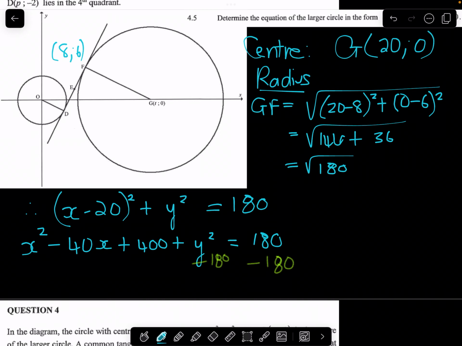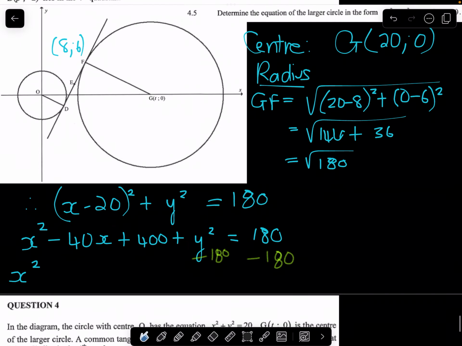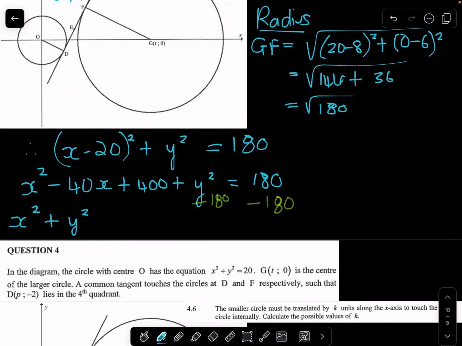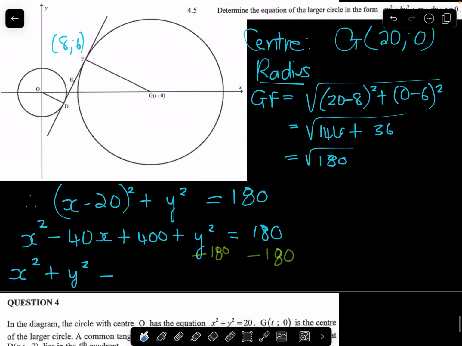So that is going to be x squared plus y squared, and then come my x and y terms, so that will be minus 40x, and there's no linear y term, and then we get the 400 minus 180, which is 220, is equal to 0. Okay, I'm just going to check my answer so far.